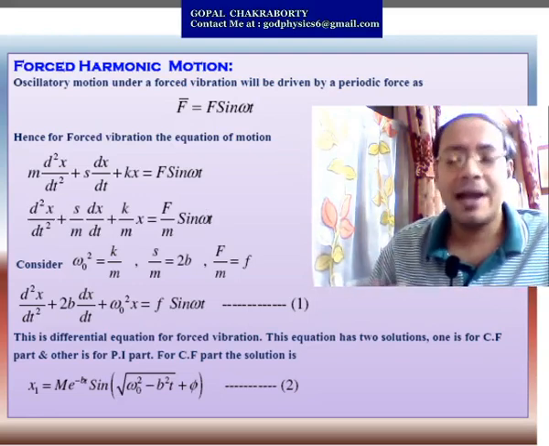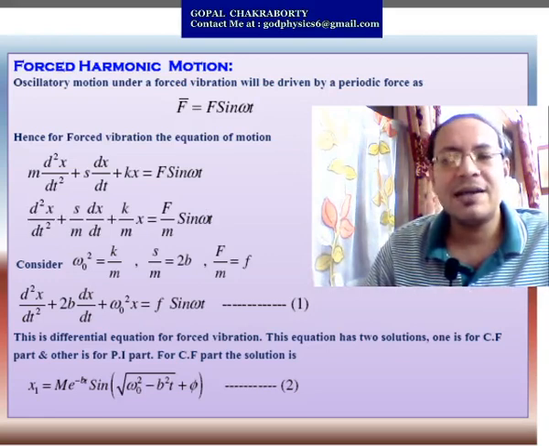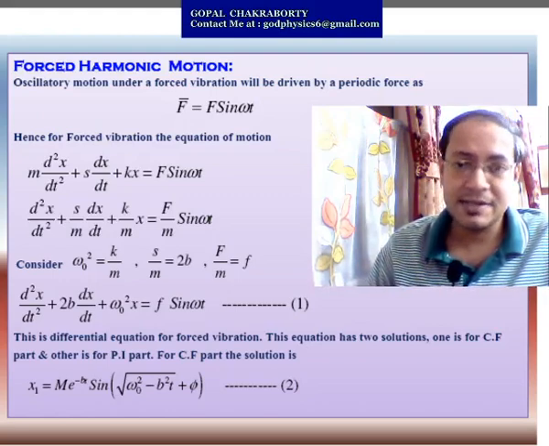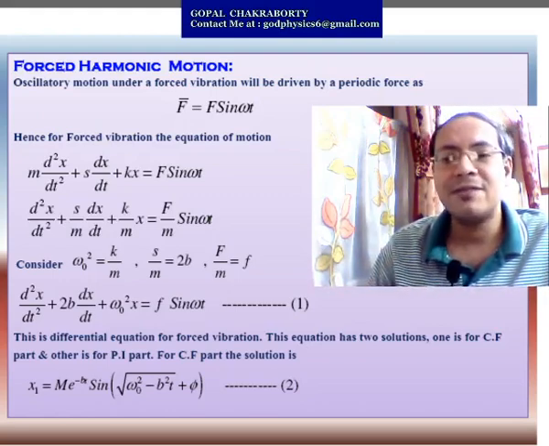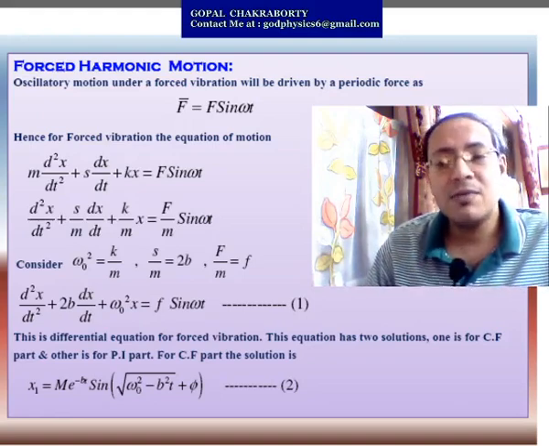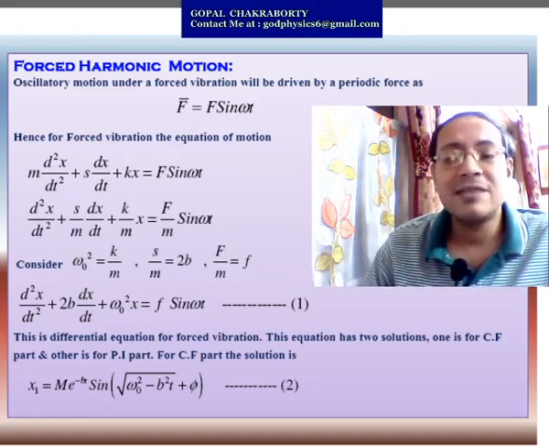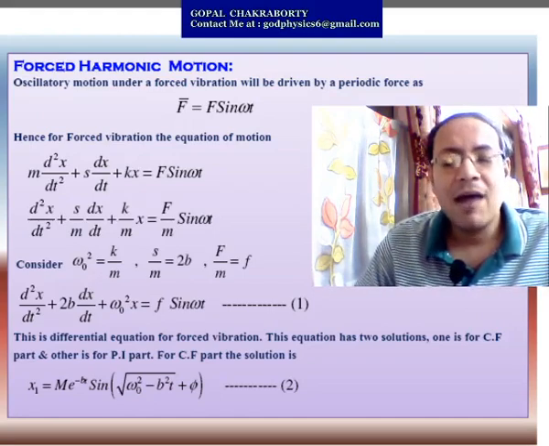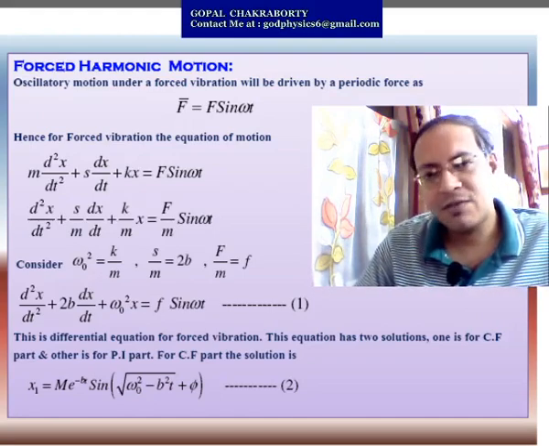Now after constructing the differential equation for forced vibration, our objective is again the same. You have to solve this differential equation, because you need an expression for x, the displacement with respect to time. So how will you solve it?